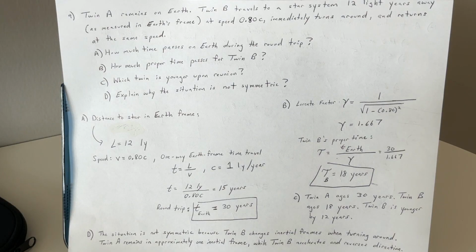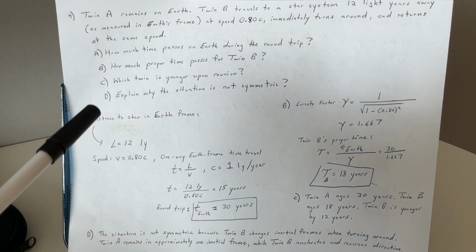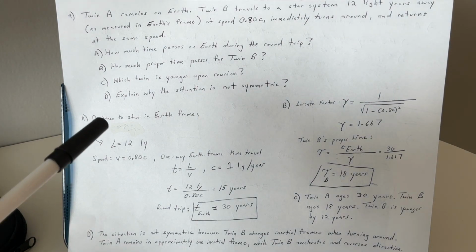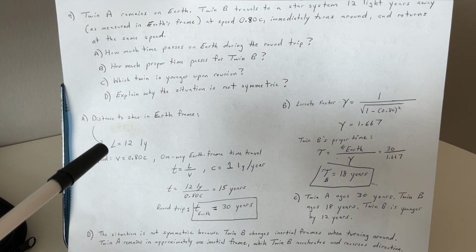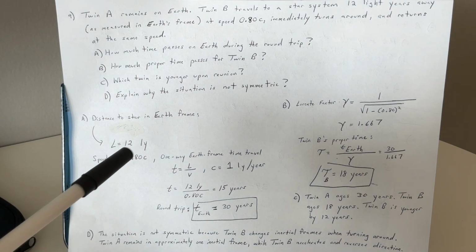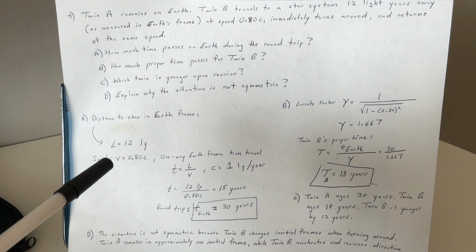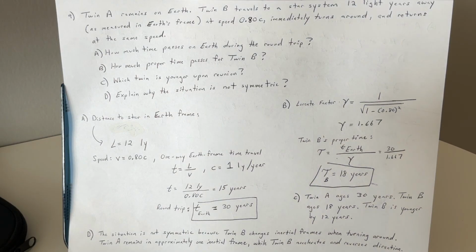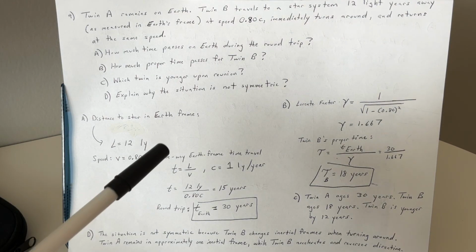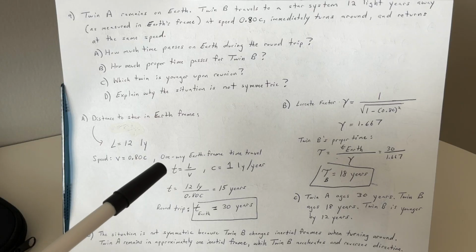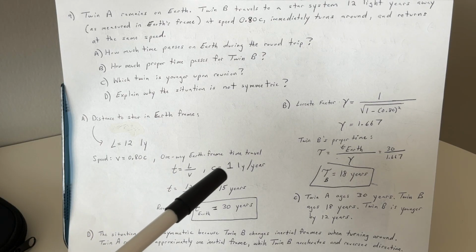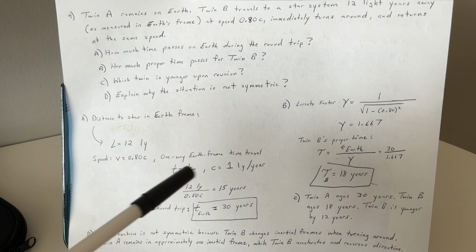Part A, how much time passes on Earth during the round trip? So, part A, the distance to the star in the Earth frame is 12 light years. Our speed is v equals 0.80 c. So our one-way Earth frame travel time t equals L over v, where c equals 1 light year per year.